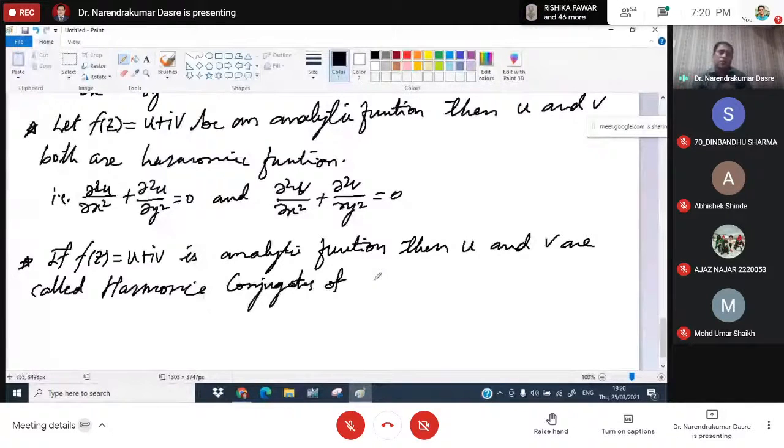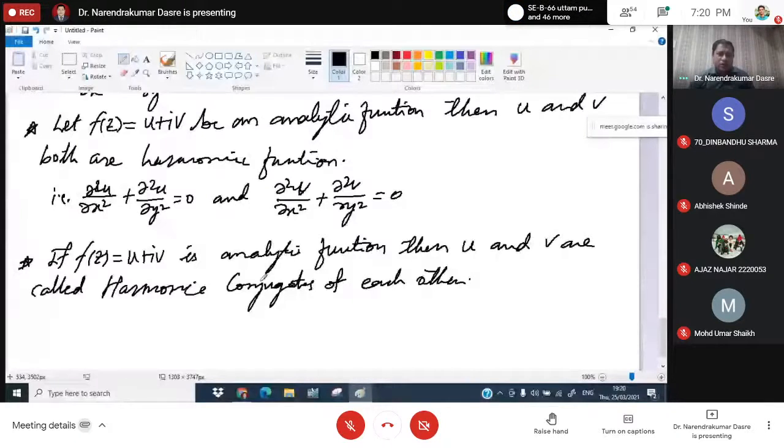Okay. Now once we know this, as I have given you the derivative f dash of z in terms of ux and vx, if we know only function u, or if we know only function v, then how are we able to calculate f of z?